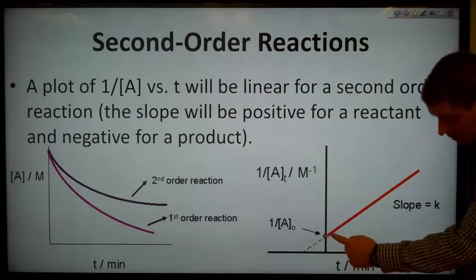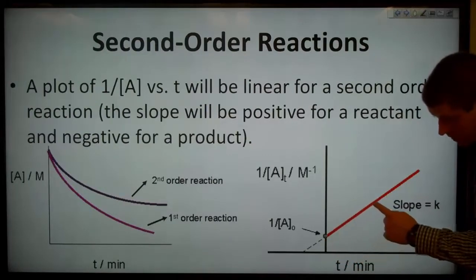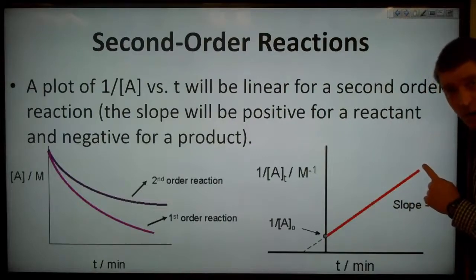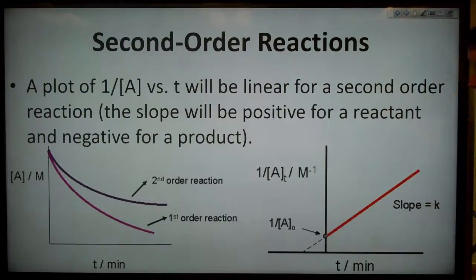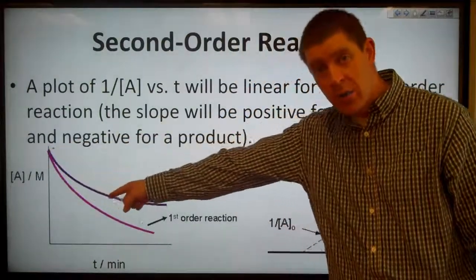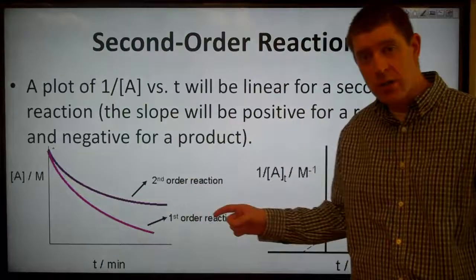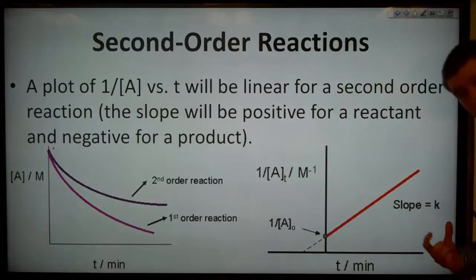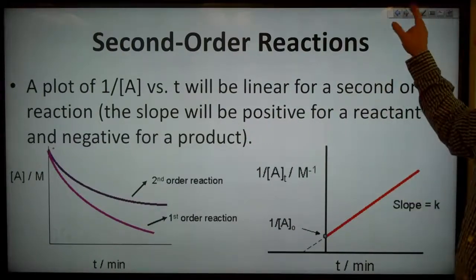And that means that as time proceeds, our inverse gets larger. Now remember, this is occurring because our concentration is getting smaller, but as we take the inverse of our concentration, our value will be getting larger with time. And the slope in this case is equal to k, our rate constant.